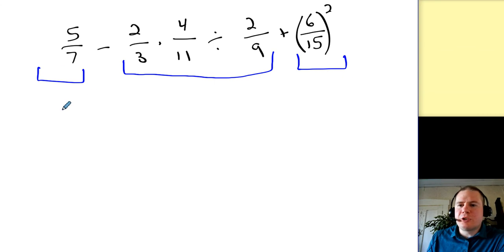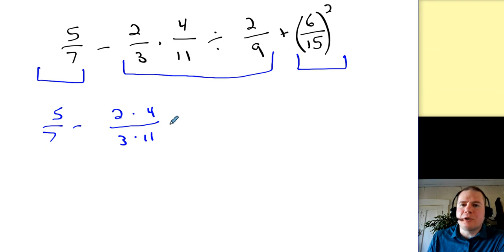Simplify this term, done, 5/7. That was easy. Simplify this term, well, multiplication, that's 2 times 4 times 1/3 times an 11th. Now 4 I could have factored, but it's not showing up here.